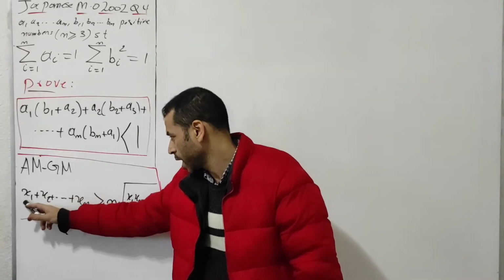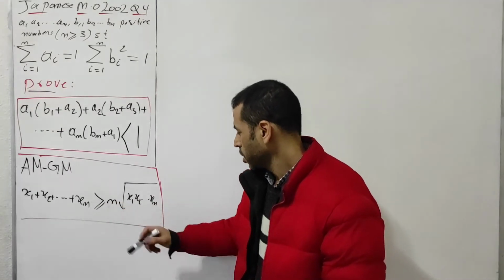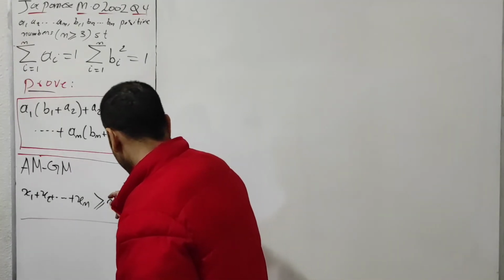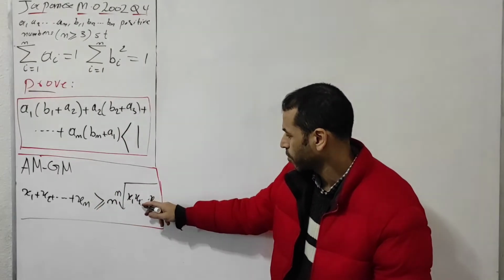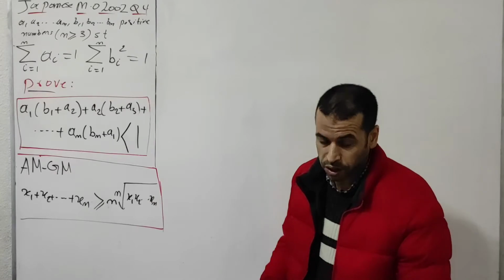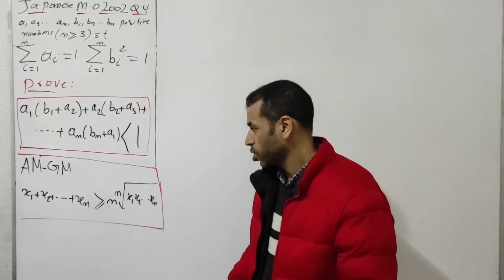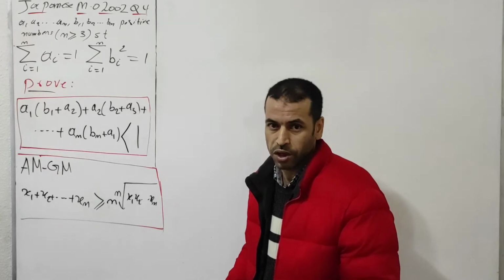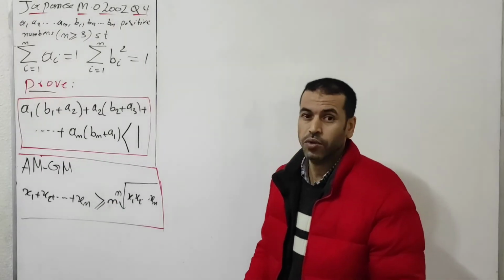The sum x_1 through x_n is greater than or equal to n times the nth root of the product x_1 x_2 up to x_n. This is a very important and useful formula, especially for students preparing for the International Mathematical Olympiad. Let's jump into the solution now.